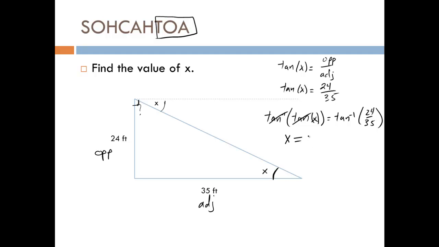So x equals the inverse tangent of 24 over 35. And if we compute that, we get that x equals 34.44 degrees.